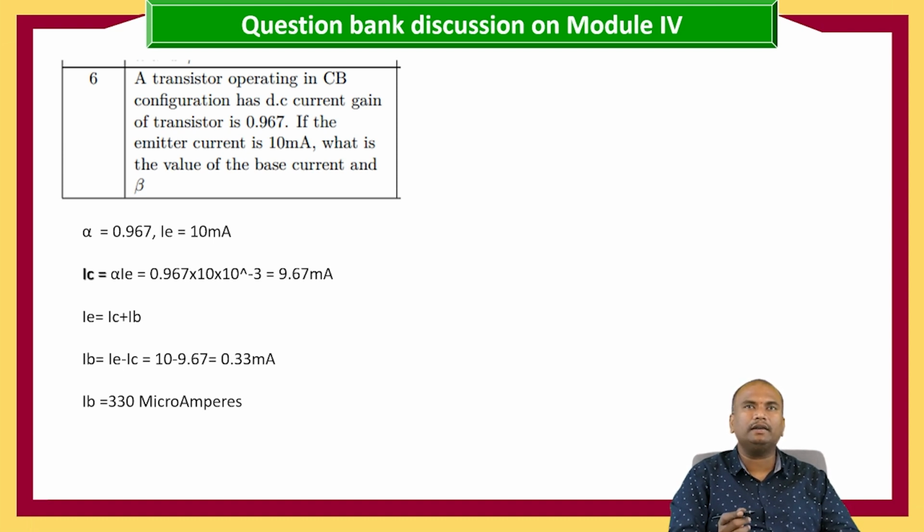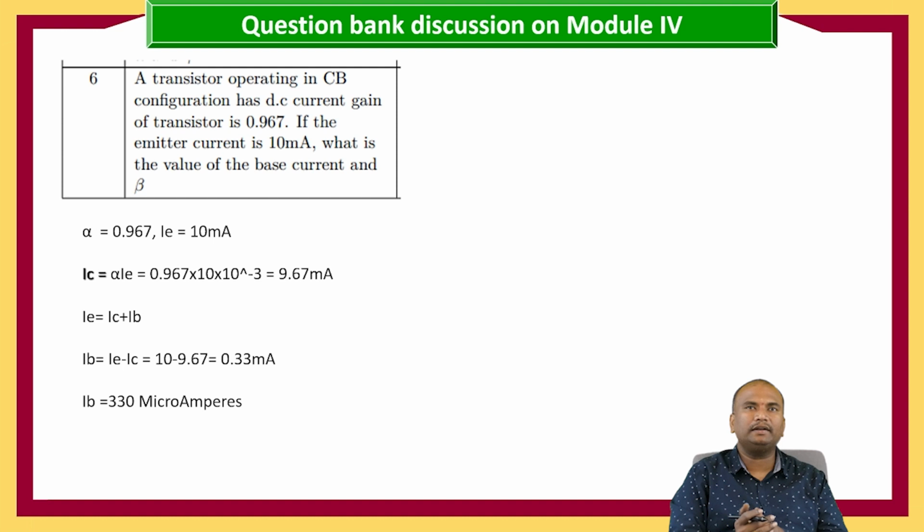We need to calculate the base current. In order to calculate the base current, we need to calculate the collector current. When we know the collector current, then only we can calculate the base current. We don't have a direct relation between the emitter current and the base current. So first let us calculate the collector current.